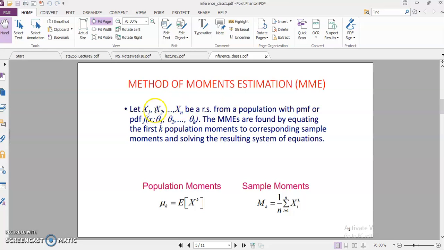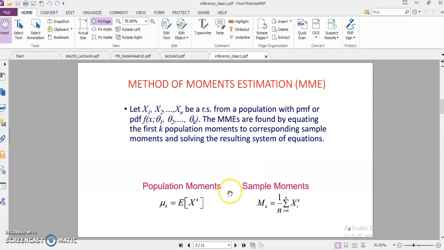So now we go by the definition. Let x1, x2, etc. xn be a random sample from a population with PMF or PDF f(x) describing parameters theta 1, theta 2, up to theta k. The method of moments estimators are found by equating the first k population moments to the corresponding sample moments and solving the resulting system of equations.